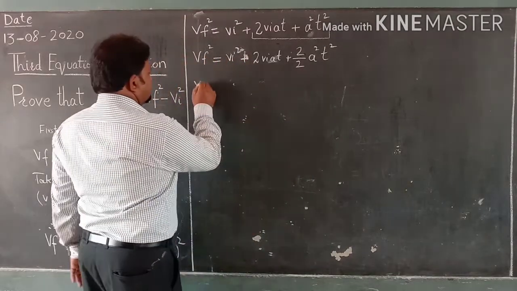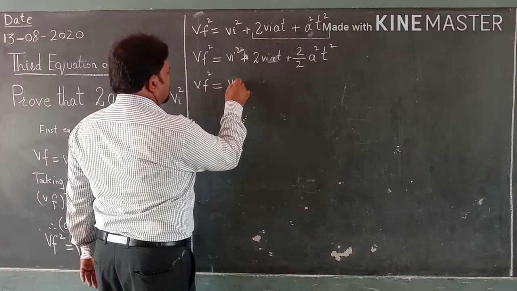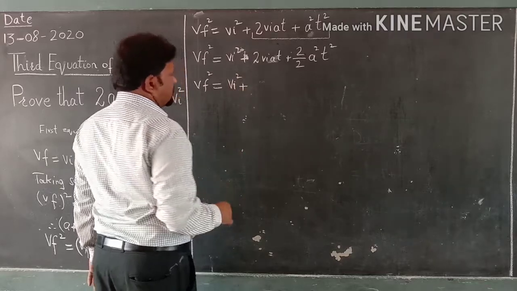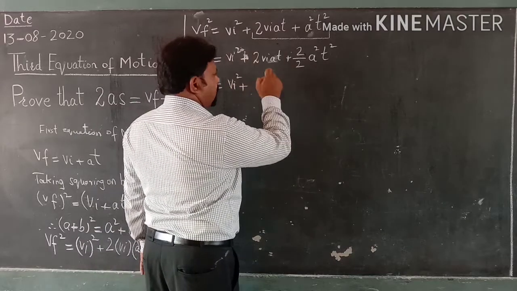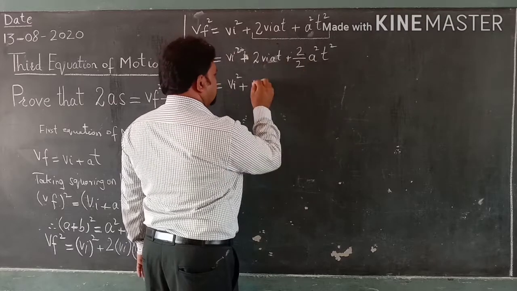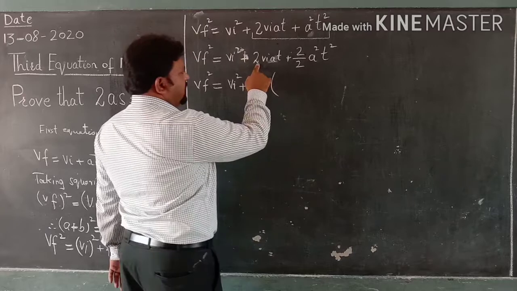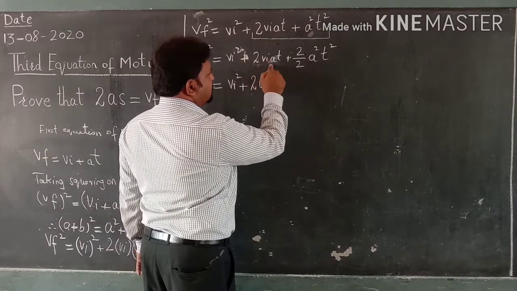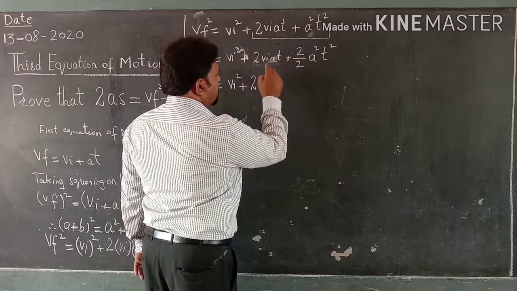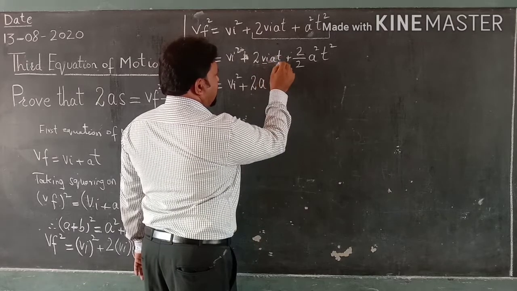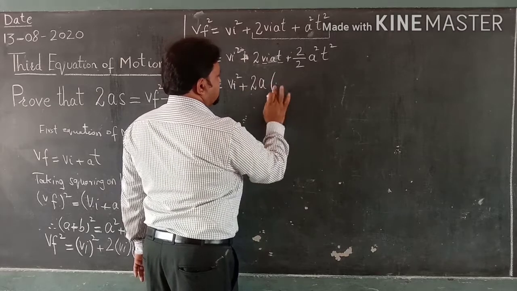So in the next step, Vf square is equal to Vi square plus, now we will take the common 2a from this term and this term. So after taking the common 2a from this term, the remaining term will be Vi and t.